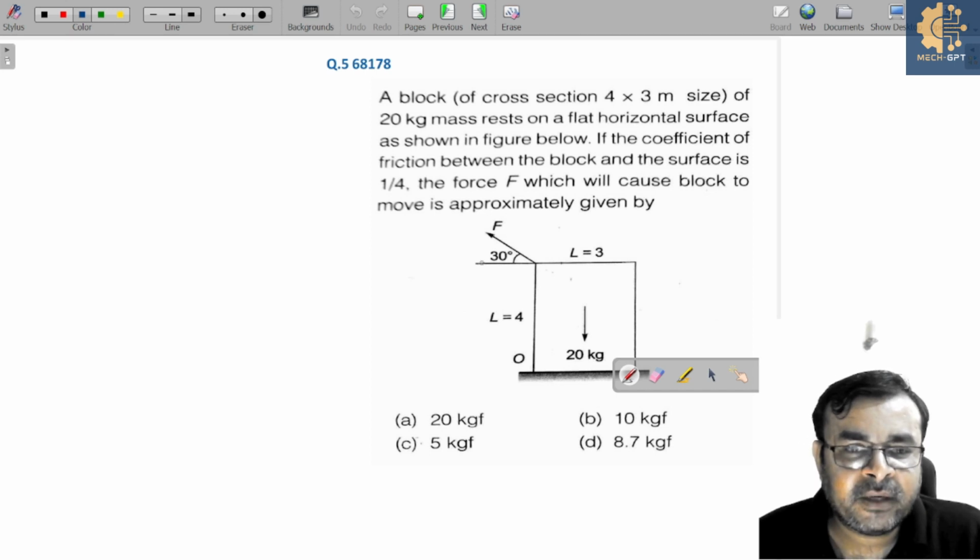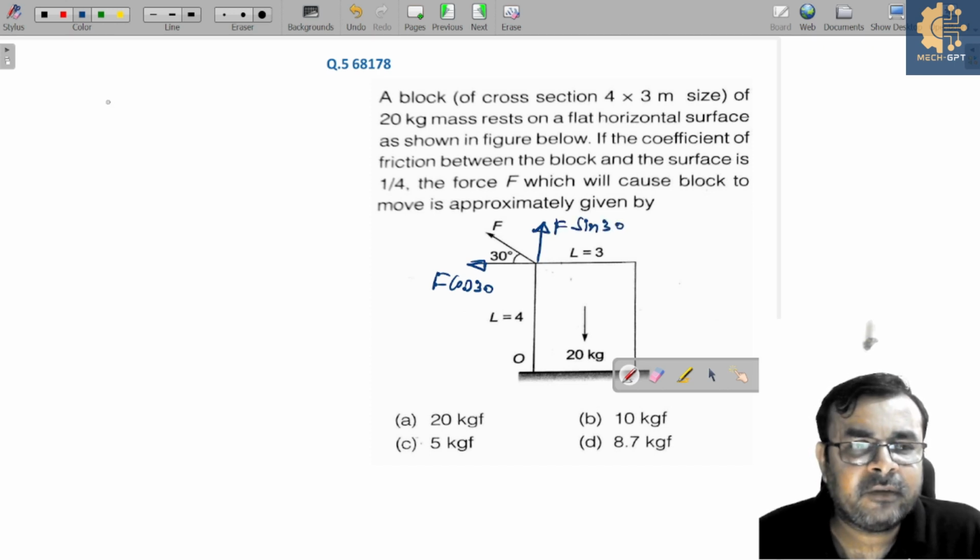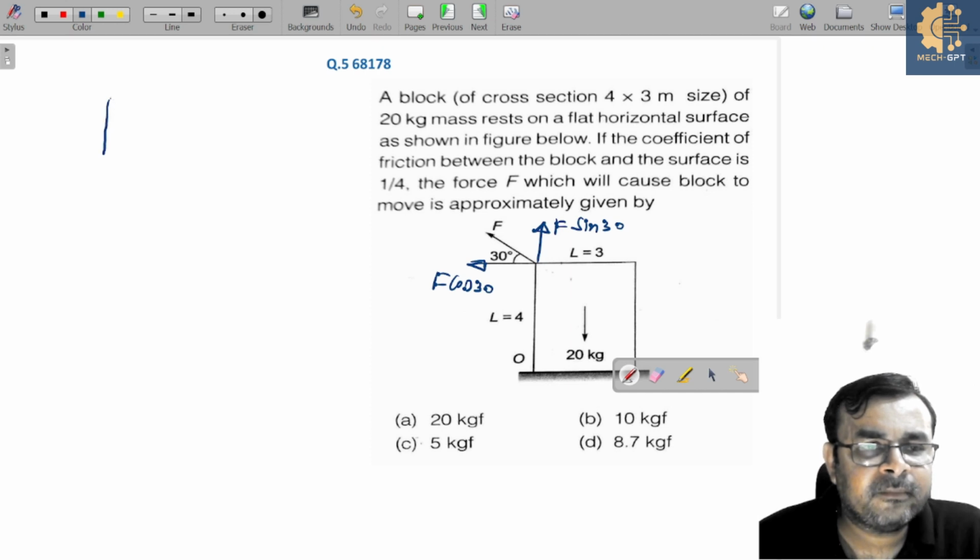Then you can see, if I resolve this force, then can I say here we can get F cos 30, and similarly here we can get F sin 30. And if I draw its free body diagram, then simply you can say here we have one force, here we have one force, yes or no? This is F sin 30 and this is F cos 30.